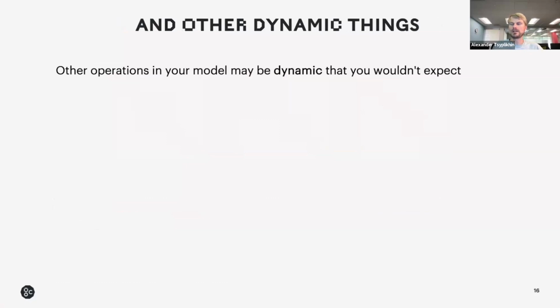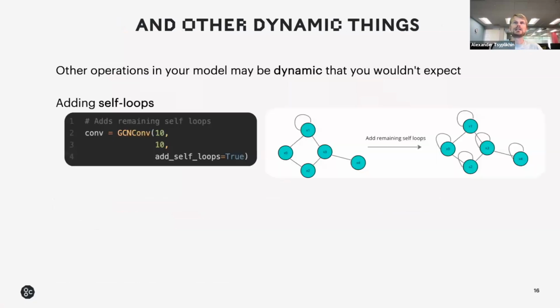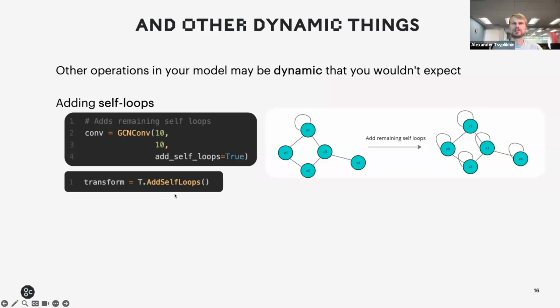And there can be some other operations that are dynamic, but not obviously dynamic. For example, self loops in some graphs that can be enabled in the graph convolutional layers. This happens to be a dynamic operation. And a way to get around that is adding self loops during the data preparation as a transform, which makes the tensor shapes fixed before the compilation.